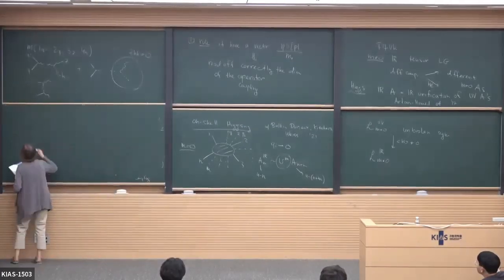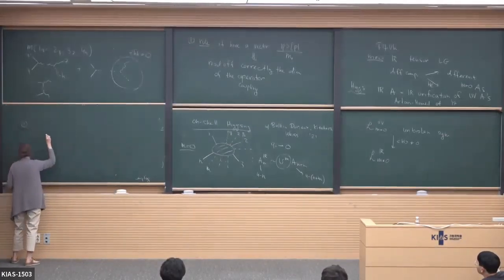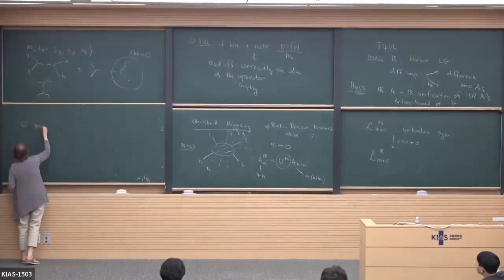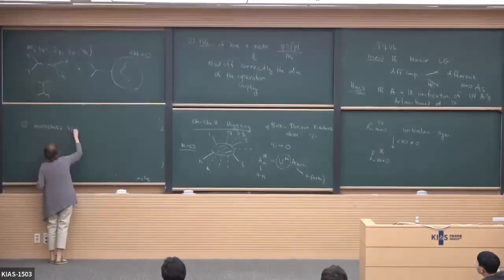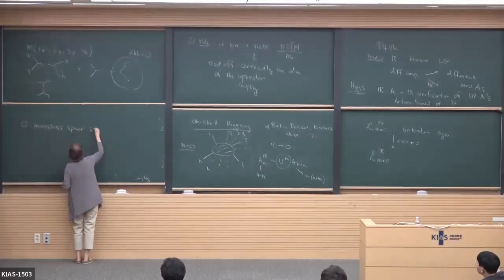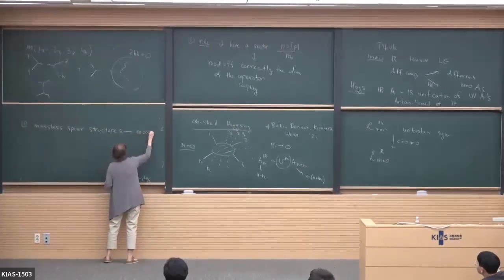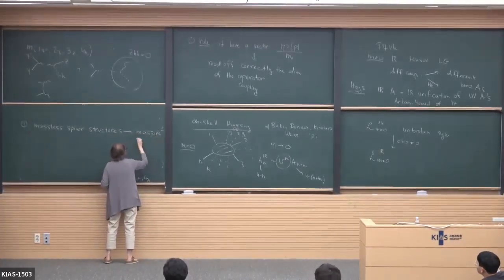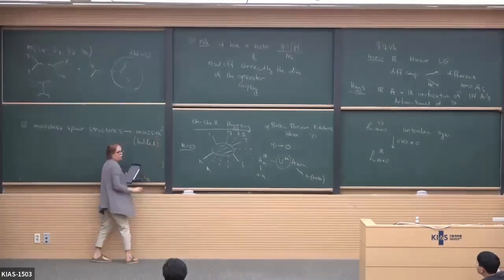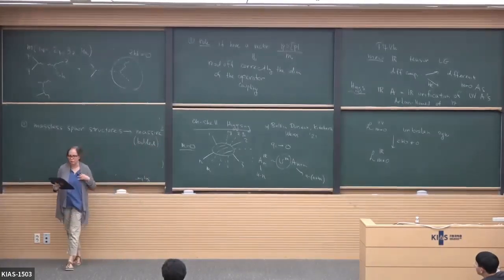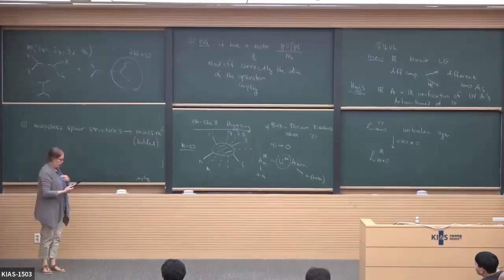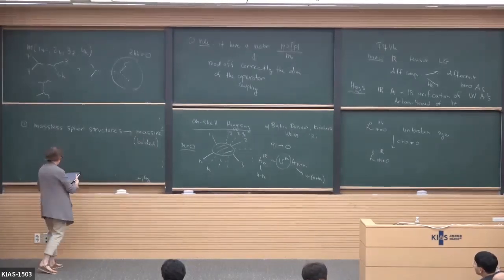So the first thing that's going to happen is that all the massless spinor structures are going to become massive. That is, they're going to become bolded structures instead of unbolded structures. And we'll see how that happens.